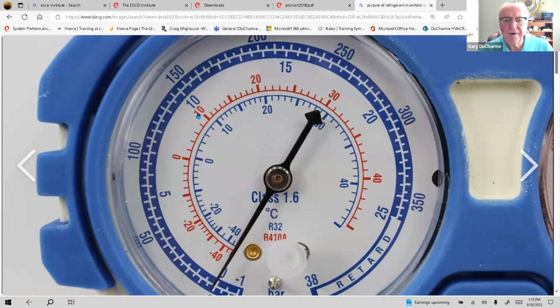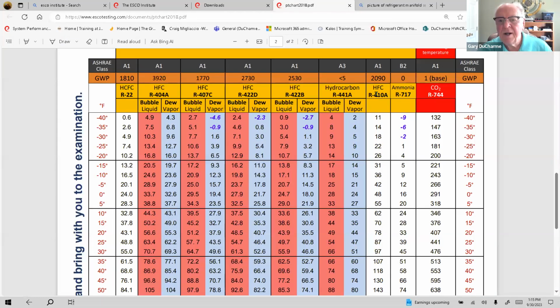So on the red line on R410A at a 40-degree evaporator, let's go back to the PT chart here. For 410A, if we have a 40-degree evaporator, say we're looking at 130 psig. 130 psig on our manifold gauge is what we have.